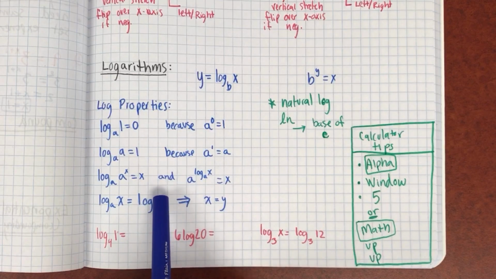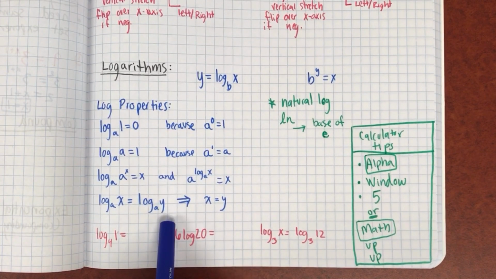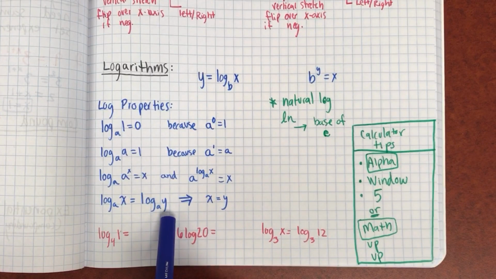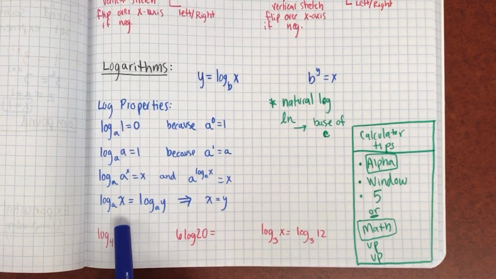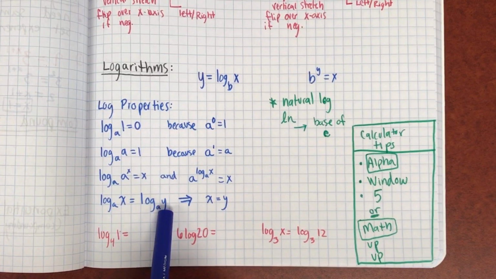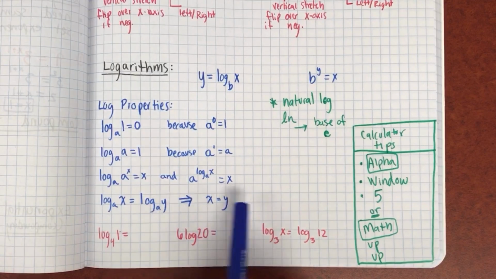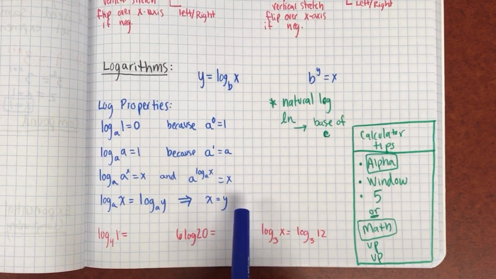All right, and you guys can see our next two rules here. The last one kind of goes hand in hand with when we solve those exponential problems with the same base. Here, if we have the same base, we can put these parts right here equal to each other. So if I've got log base a of x equals log base a of y, then I know that x equals y.